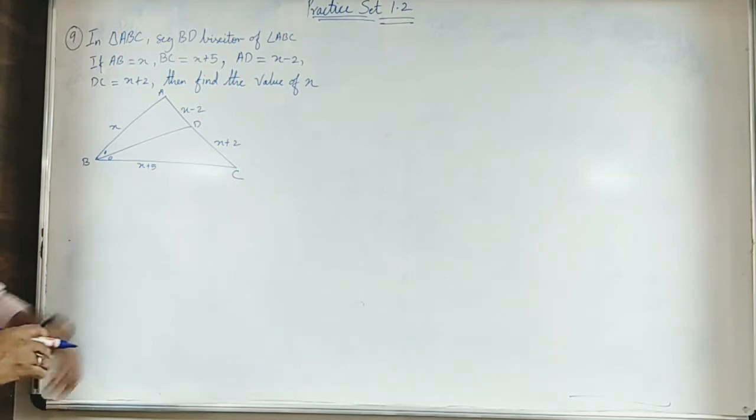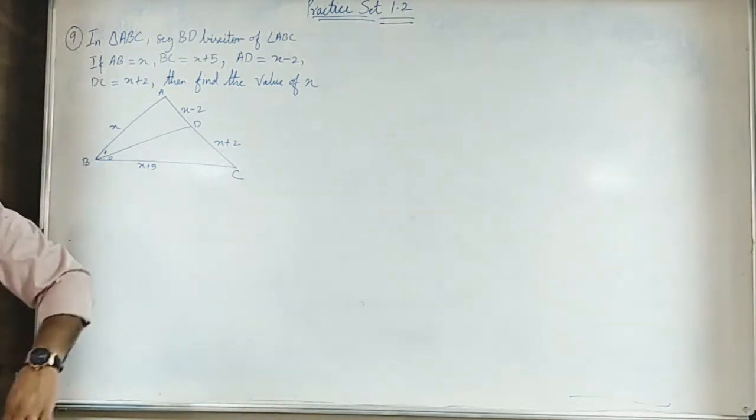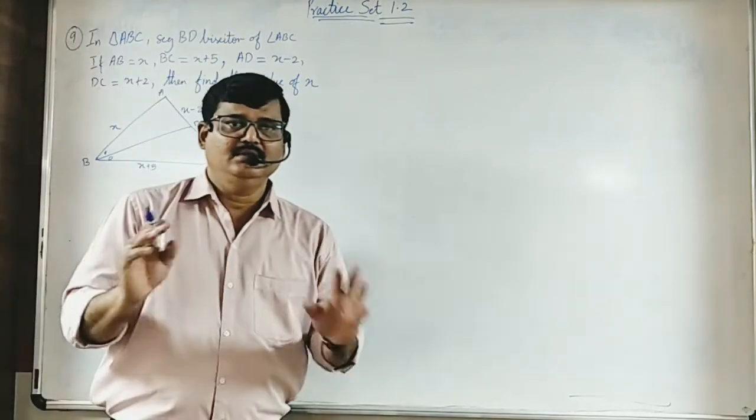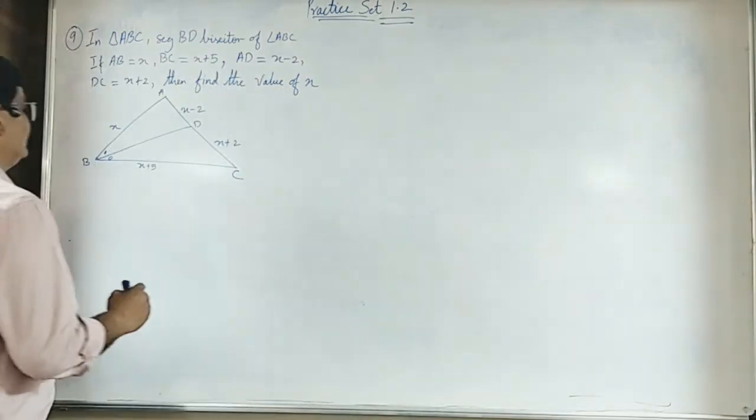It's very simple. What we have done in the first two sums, in the same way you have to do it here. We are going to apply the property of angle bisector of a triangle.